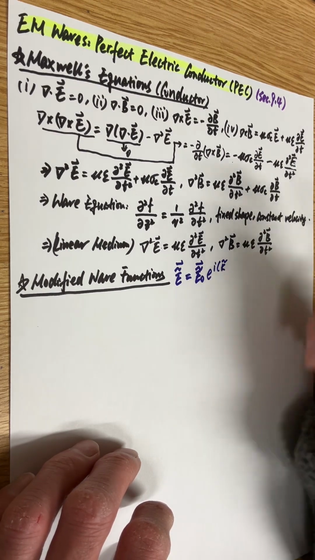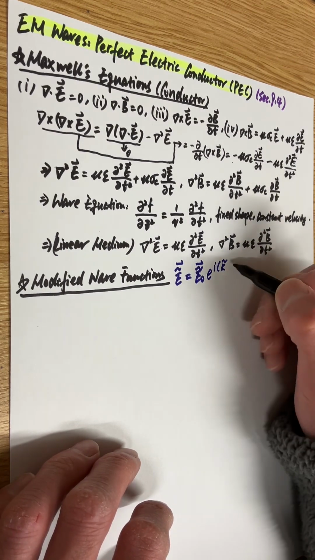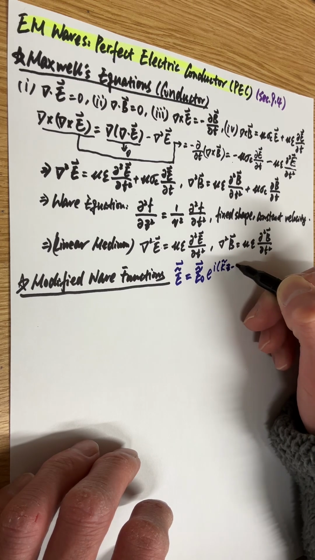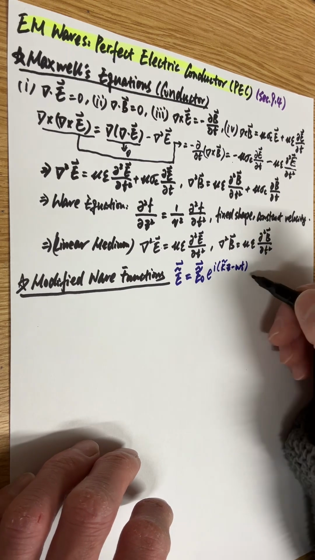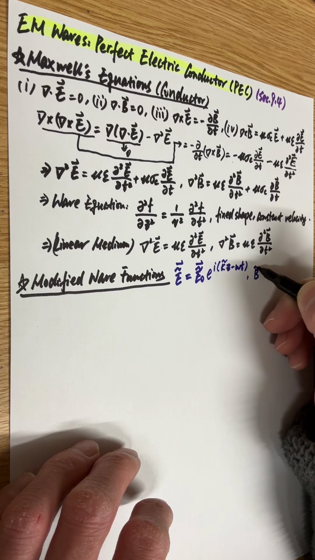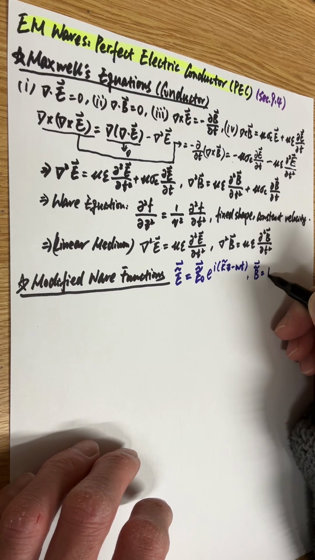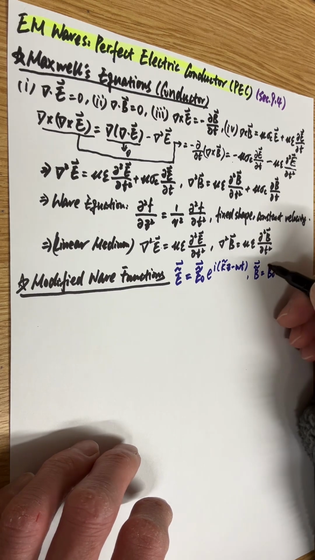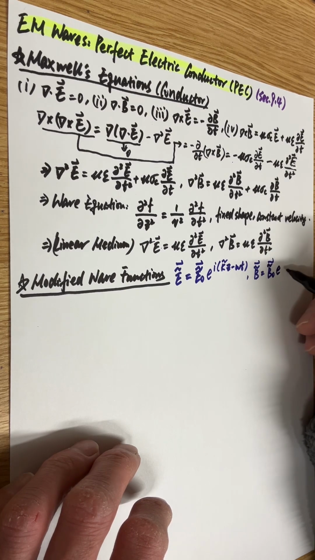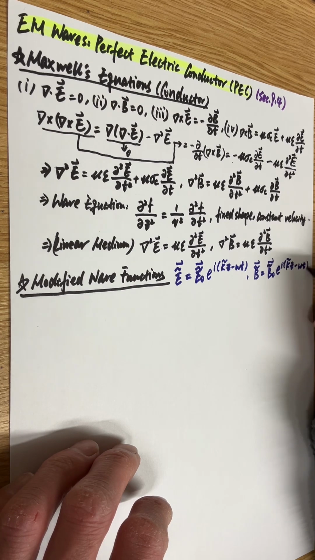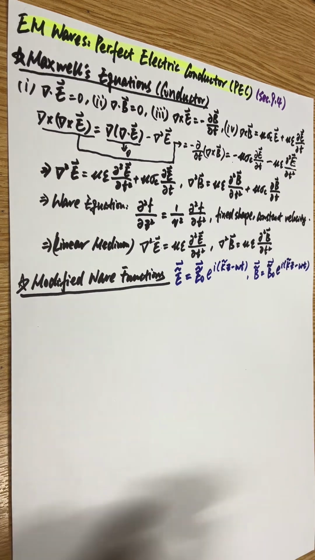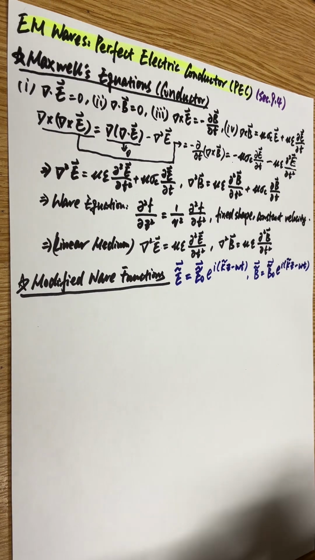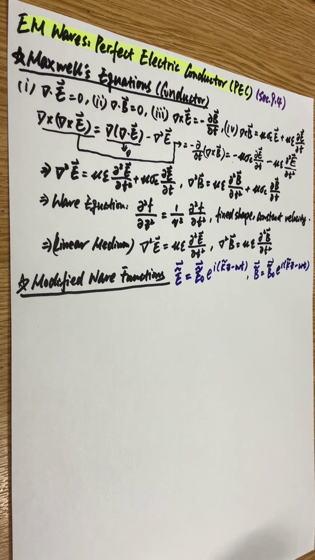The wave number is a complex value. That's very special about conductor. And the rest is the same. Similarly, we have B field equals the vector magnitude times e to the i (kappa z minus omega t), with complex kappa. Okay, so this is very special about conductor.